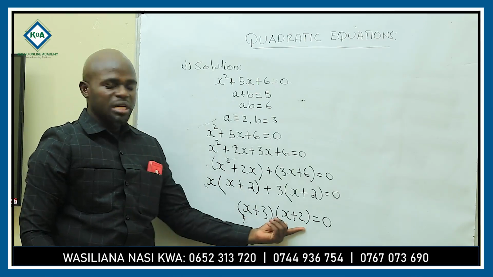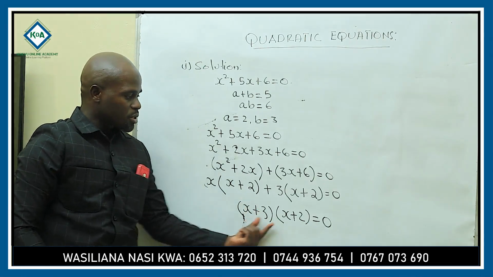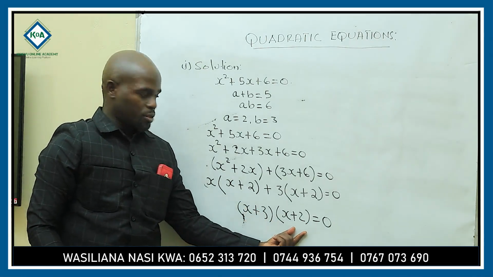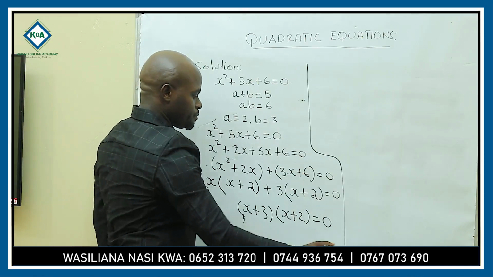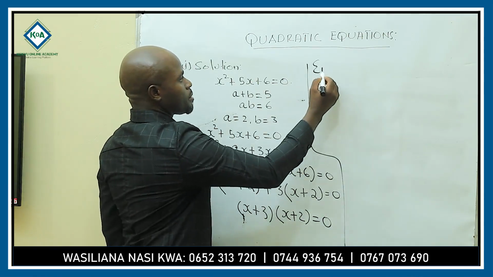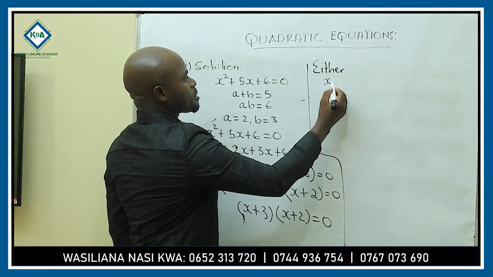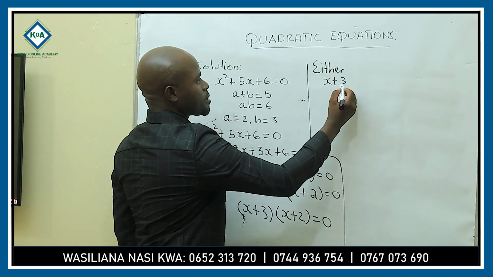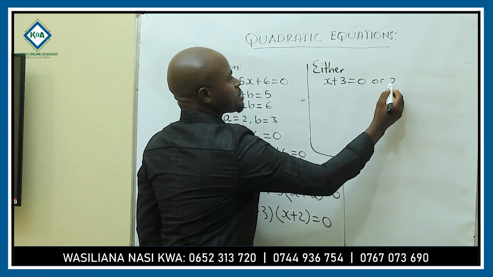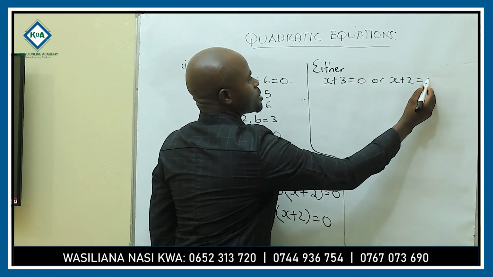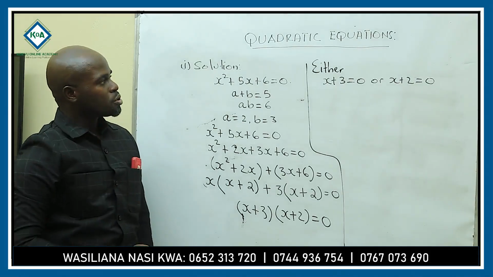So you say either x plus 3 is equal to 0 or x plus 2 is equal to 0. It means one of these two factors is equal to 0.